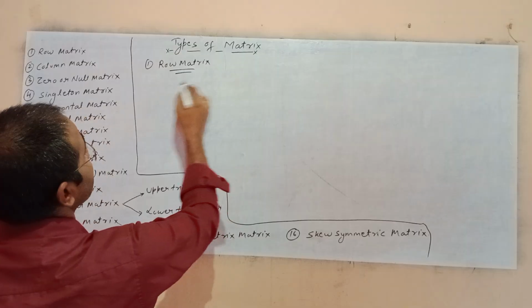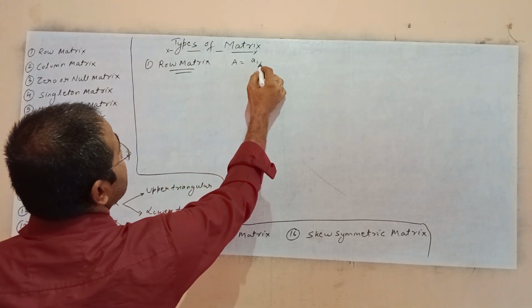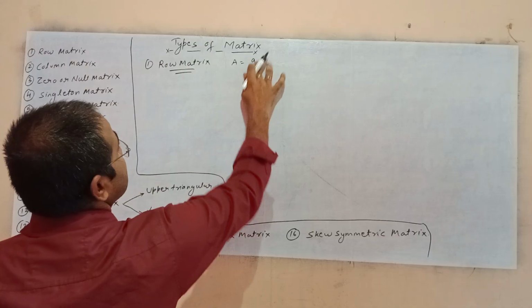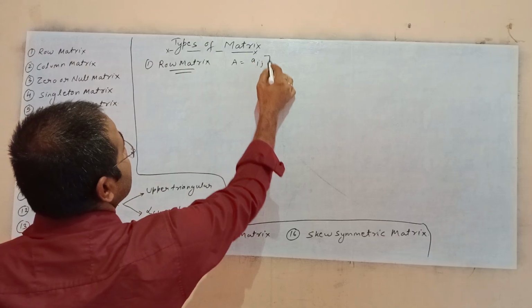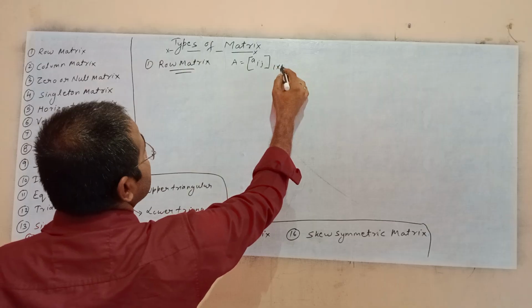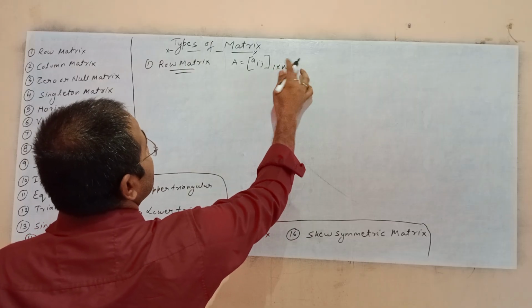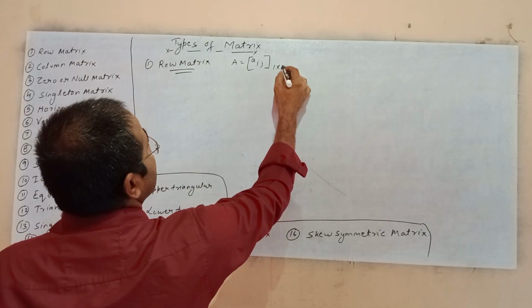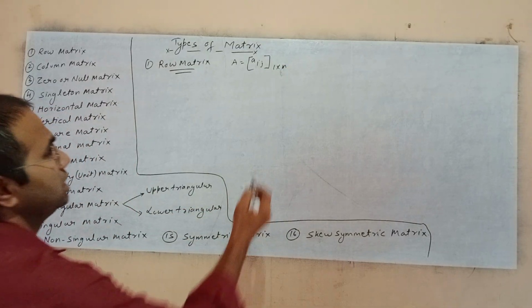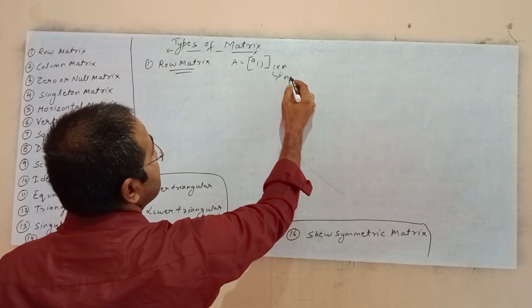It is defined as A = [Aij] of order 1 cross m. Sorry, 1 cross n.